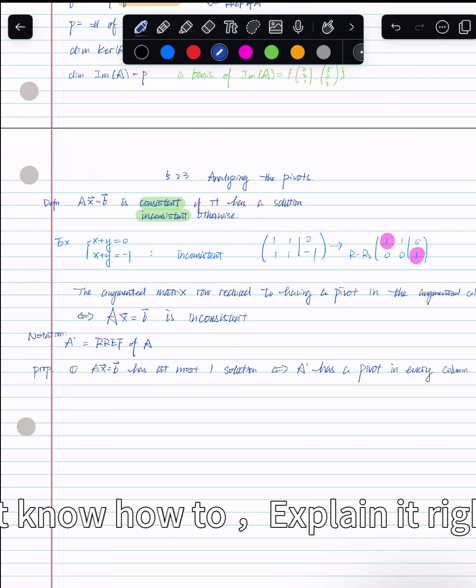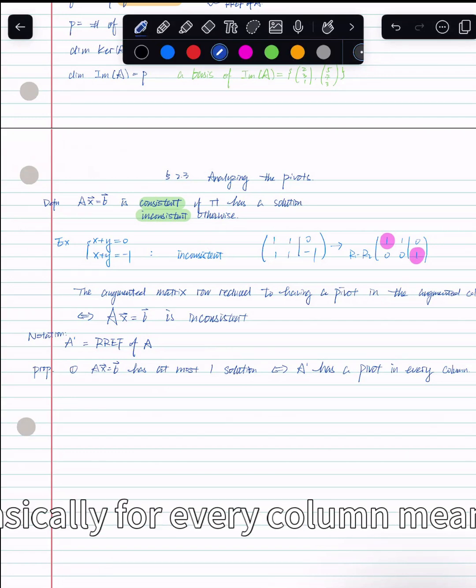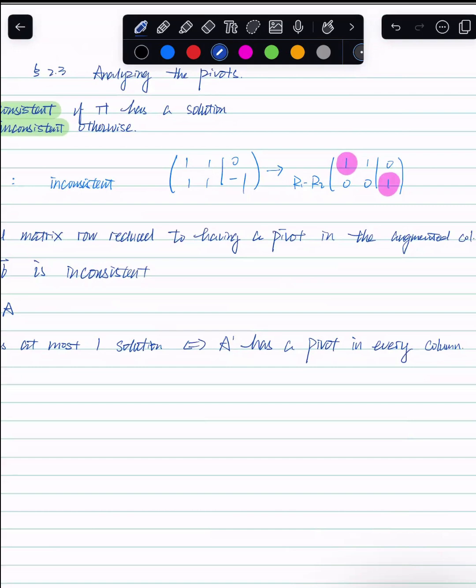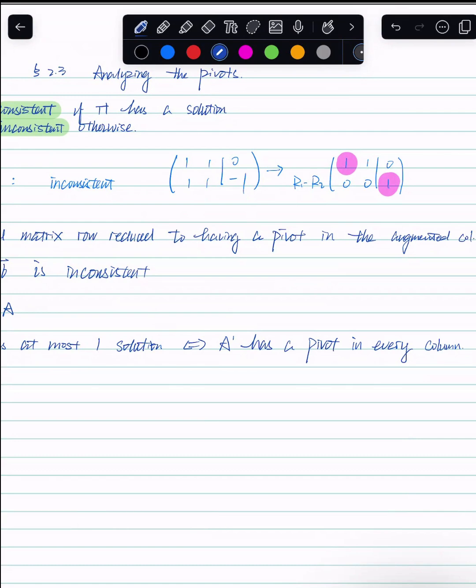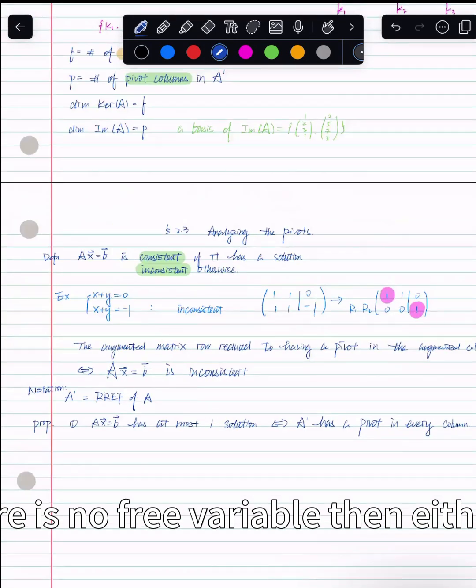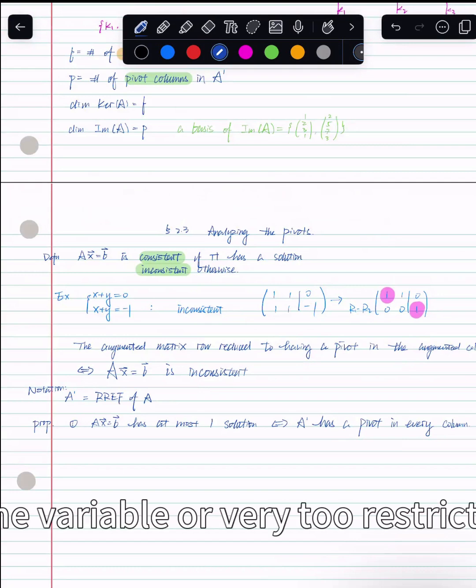Right, so every column in our case represents a variable. So a pivot in every column means there's no free variable. So if there's no free variable, then either we can solve for all of the variables, or we're too restricted to have no solution. Oh, I see.